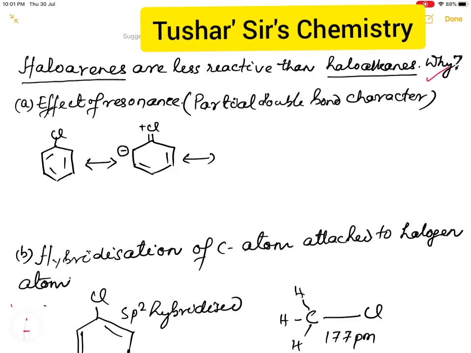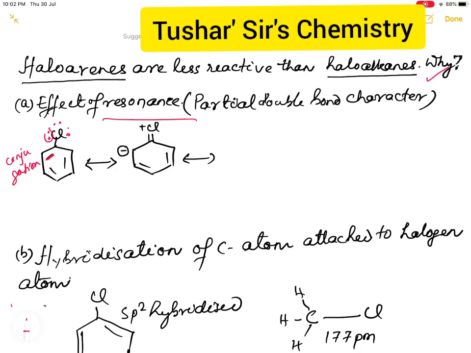First point, resonance. In chlorobenzene, chlorine has three lone pairs. This lone pair is in conjugation with this pi bond, so resonance is possible.